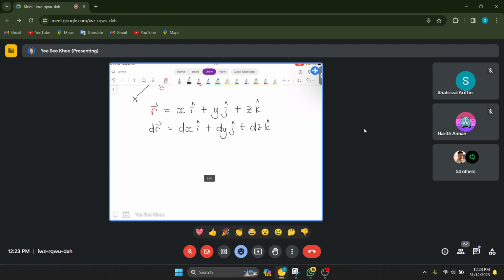When we perform this line integral, you put them together. So F would be 2z, 3x, 5y, dot product with dx, dy, and dz.